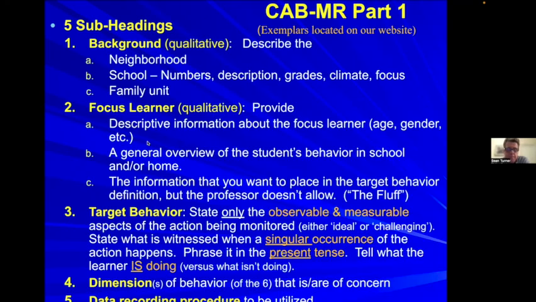This is all online. Then the target behavior is no more than 3 sentences. It should not be more than 3 sentences. And the dimensions is just what we said. What are your choices of dimensions that align to the behavior, and then your data collection procedures. So you can do subheadings. Typically, most of this is a page or 2 pages, no more than that.